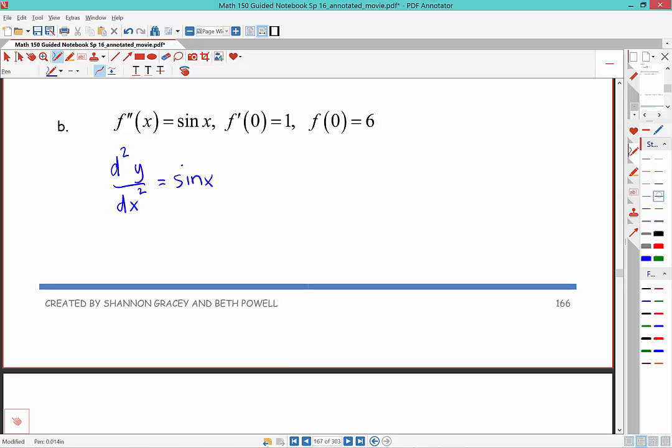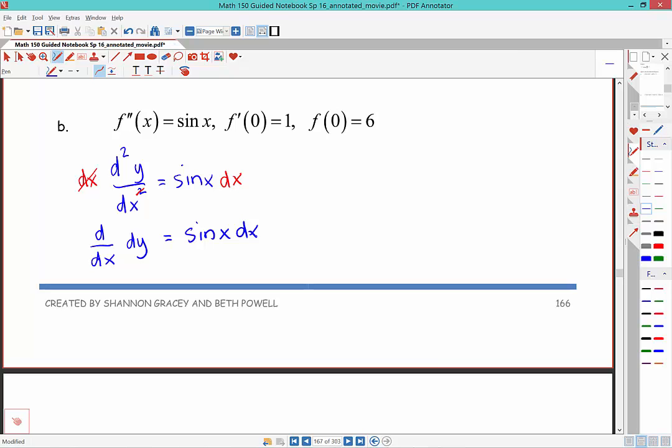If you multiply both sides by dx, one factor will divide out, and what we'll have is d/dx of dy is equal to sine of x dx.